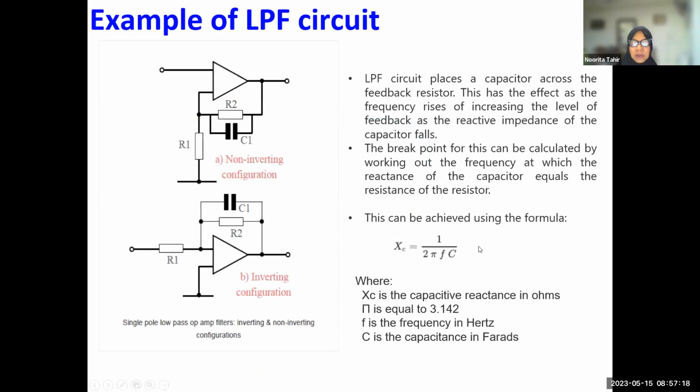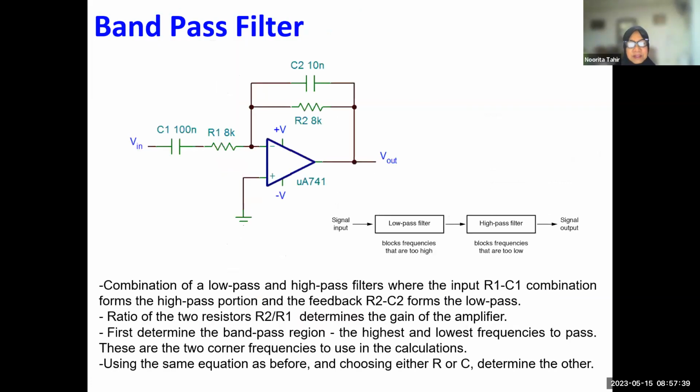This is the equation we use to compute the value of C and the total impedance. All 3 filters utilize the same equation, but you need to know the suitable values of C and R for it to perform as a filter.